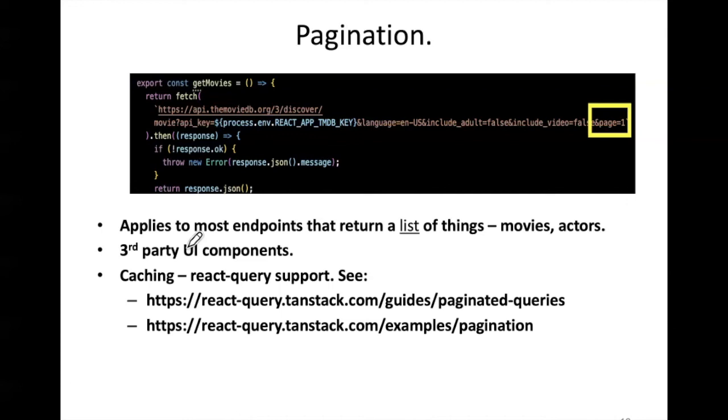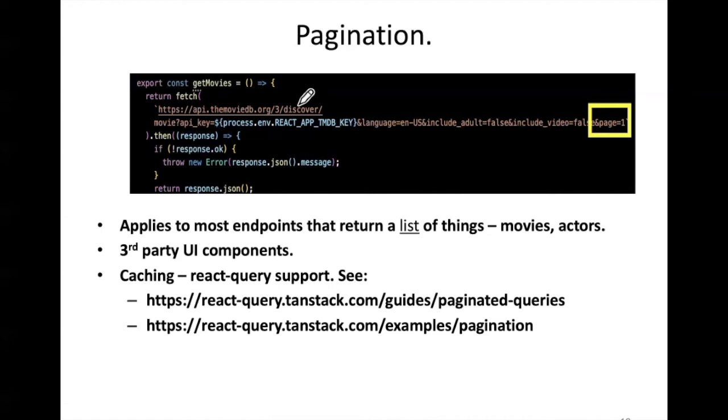that we're familiar with. It turns out that React Query, the caching library, also supports pagination. So you could imagine, in relation to the discovery endpoint, if we had pagination implemented, then let's say the user begins at page number 1 and then they click on 2.